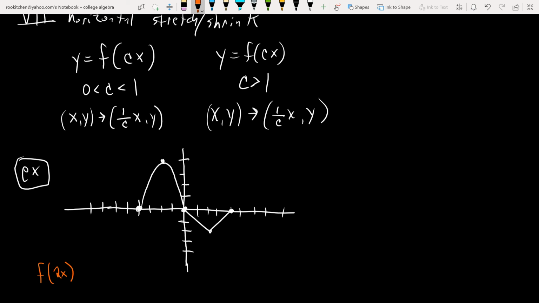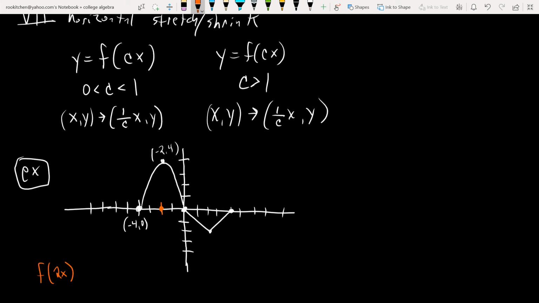Okay, so what that's going to do is take all the x coordinates and cut them by 1/2. So for instance, if I have a negative 4, 0 here, the new coordinate is going to be negative 2, 0. So it'll be right here. And then if you have negative 2, 4, which is the next point in line, the new coordinate will be negative 1, 4.